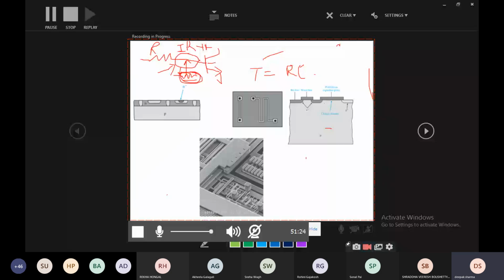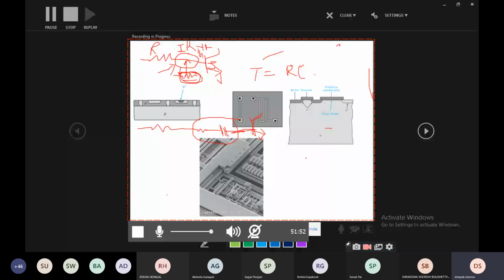This is the gate part and this is the substrate part. Between gate and substrate we have a capacitor because there is silicon dioxide, correct? So we see something like a resistor, internal resistance, then capacitance, then the transistor. Are you understanding? Yes, sir. So this is unwanted, and this is unavoidable also.